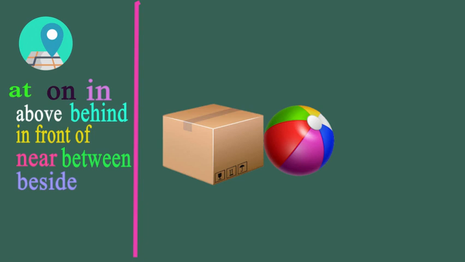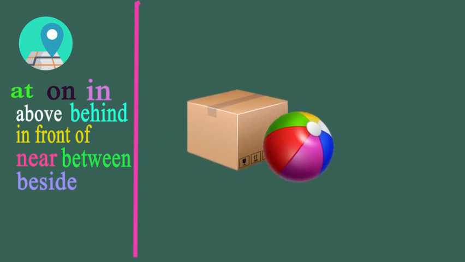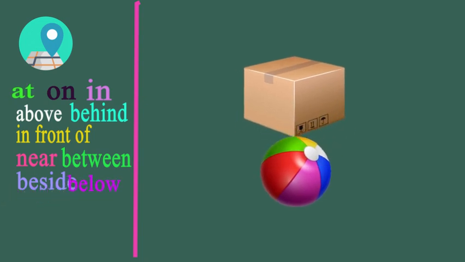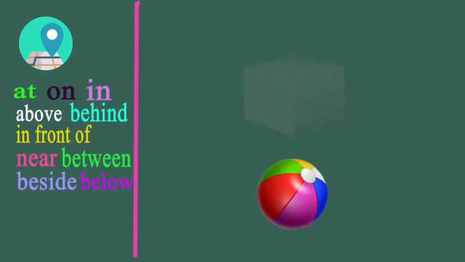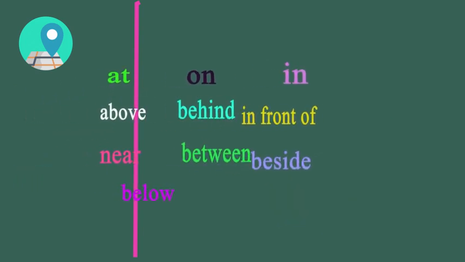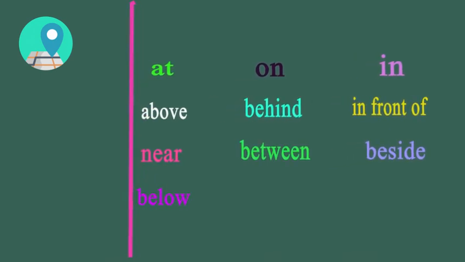Beside, this also implies a place. Below, it is also specifying a place. So all these prepositions imply the place. These are known as prepositions of place. There may be many other prepositions of place as well, but we have considered those which are used normally in our daily life.